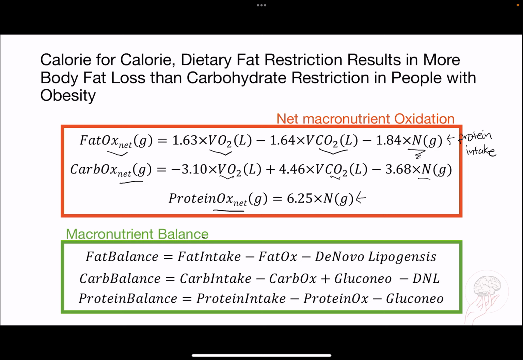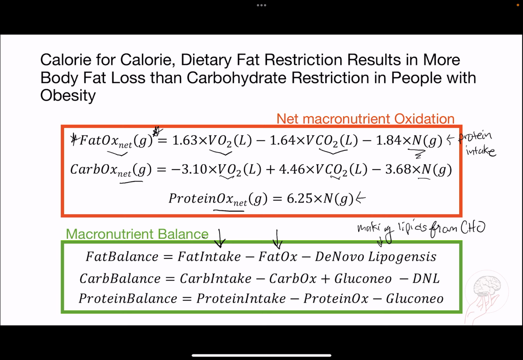So they then used this fat oxidation, and they looked at how much fat was consumed. And fat balance is then fat intake minus fat oxidation minus de novo lipogenesis. So this is making lipids, mostly from carbohydrates, CHOs.